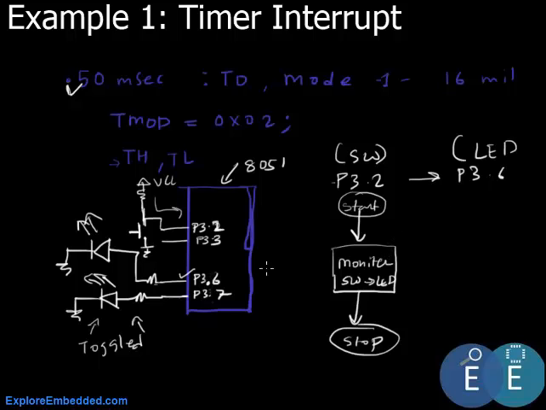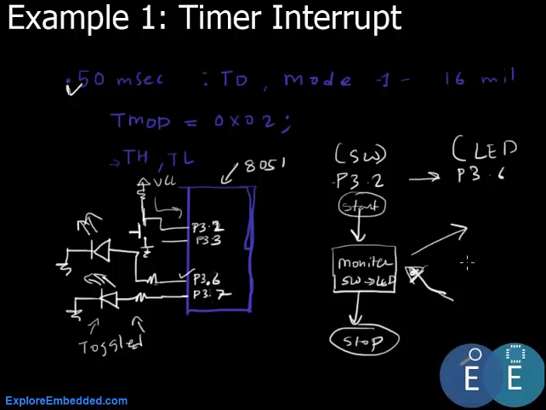But whenever an interrupt occurs, we go to the interrupt routine and check what the interrupt is. We get an interrupt only when the timer overflows. So when a timer overflow interrupt occurs, we blink or toggle the LED which is connected to port 3.7.